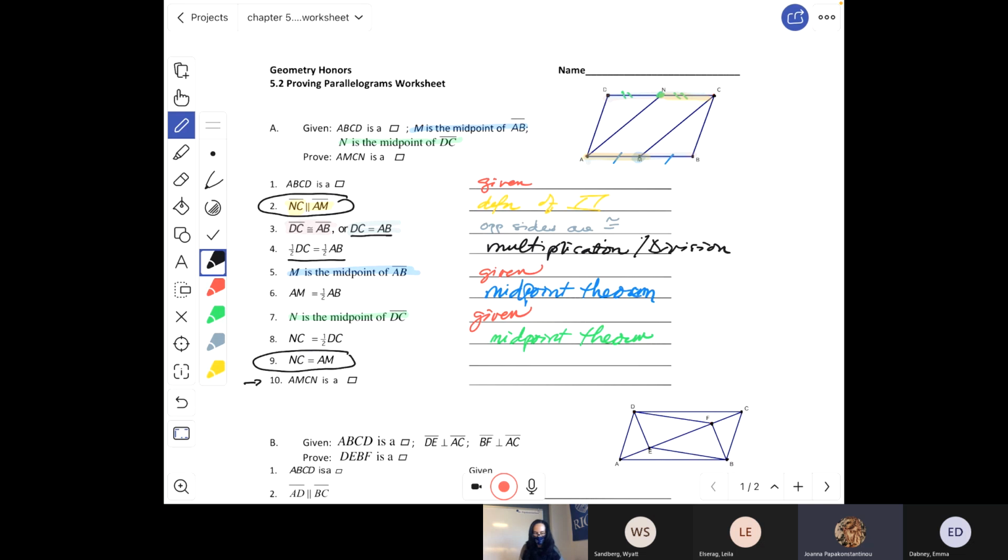Can't you say it opposite? Substitution. And what are we substituting? If you look here, if I take that information, AM is half of AB and NC is half of DC, I can just substitute in what I know about DC here. Half of DC, we said, was NC.